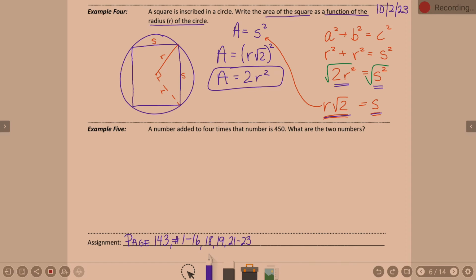On the homework, are we going to be doing stuff like finding equations like this, or are we going to be using these equations? Are they going to give us stuff? You're going to have to find some equations. Okay, so it's being able to look for, like here, that Pythagorean theorem connection.